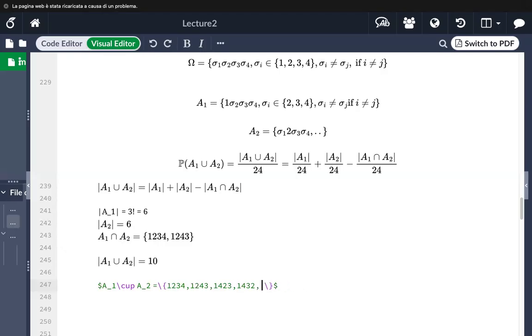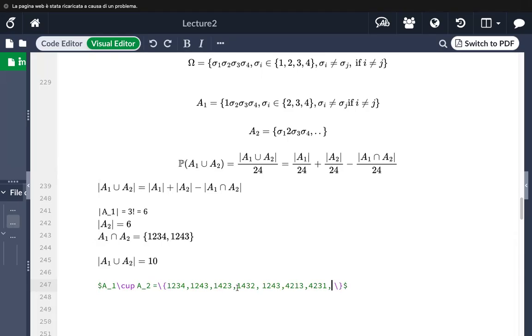No, this is not in the set, sorry. 1 2 4 3, 1 4 2 1 3, 4 2 3 1.